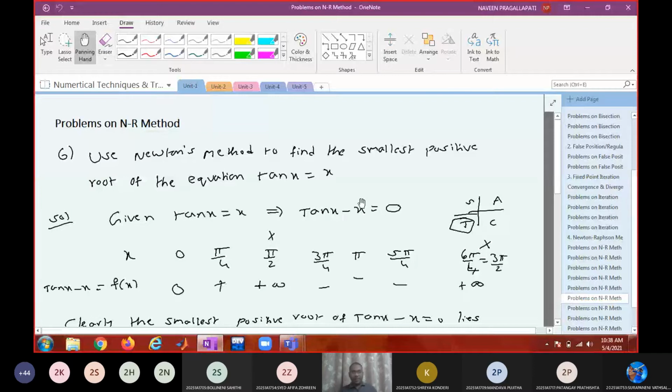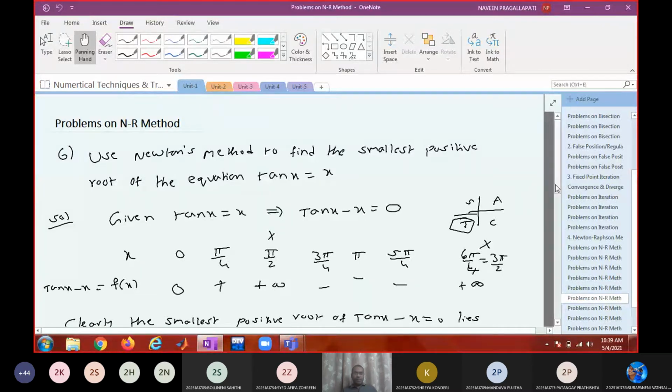We know x equal to 0 is a root because tan 0 is 0, so 0 equal to 0. So when you substitute x equal to 0, 0 minus 0 equal to 0, x equal to 0 is a root. But what you're asked to find out? Positive root, smallest positive root. Am I right?